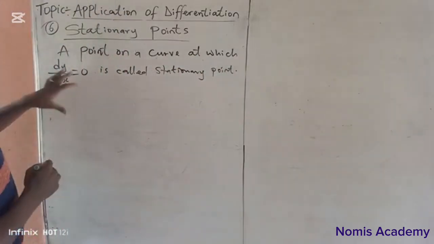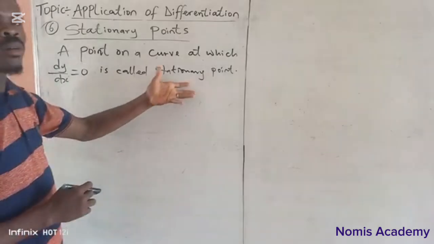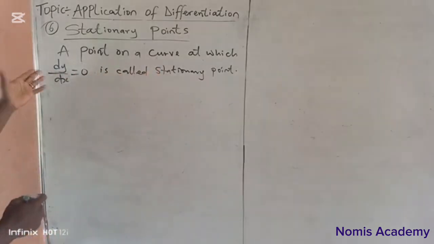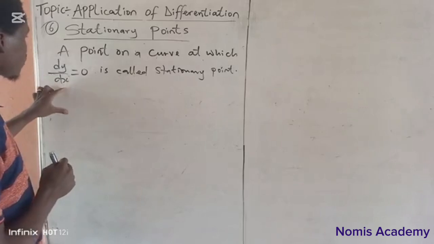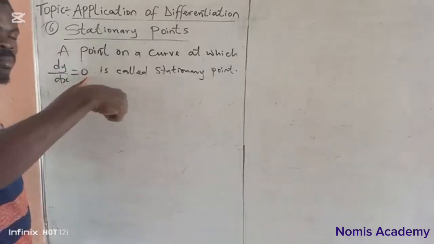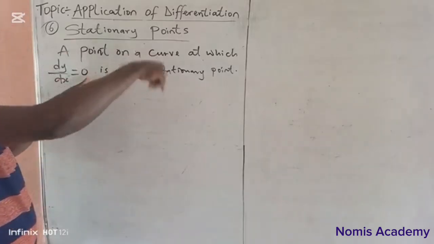Alright, now we would like to know the different types of stationary points. Any point where dy/dx equals 0, that particular point is called a stationary point.